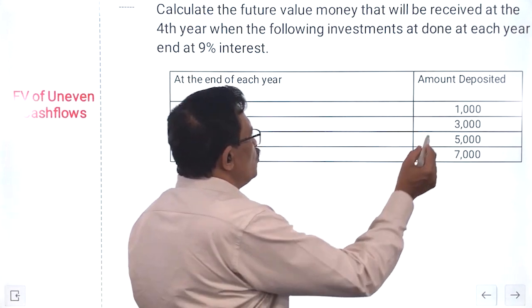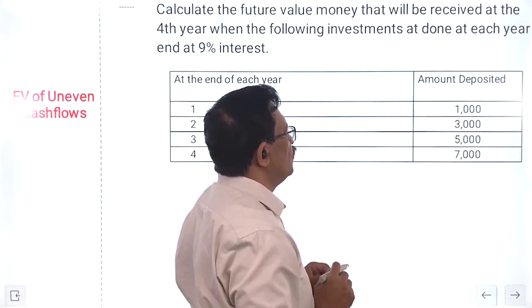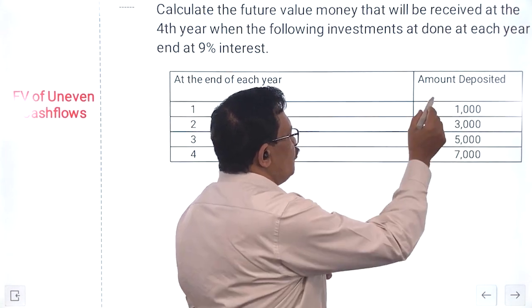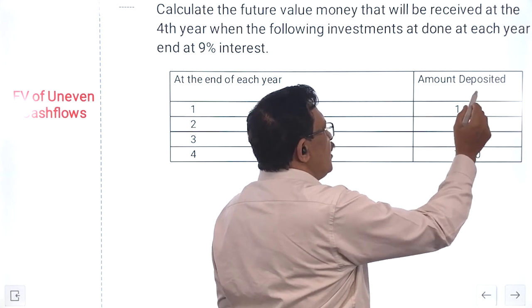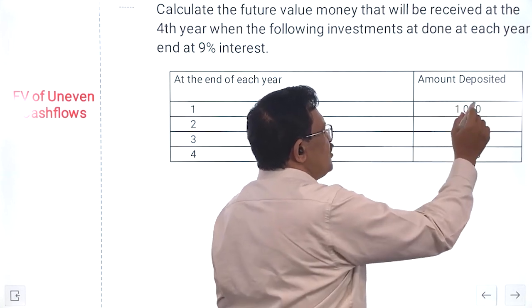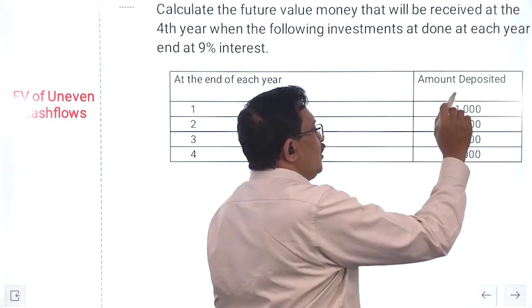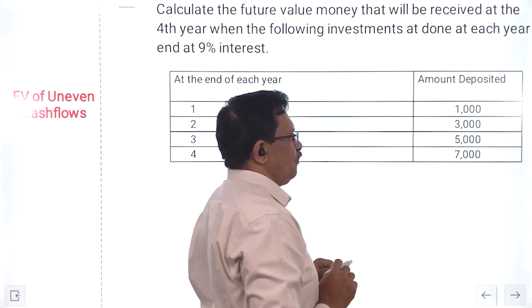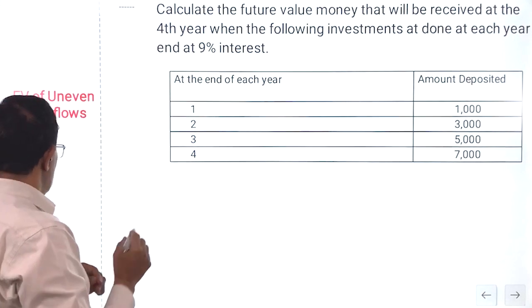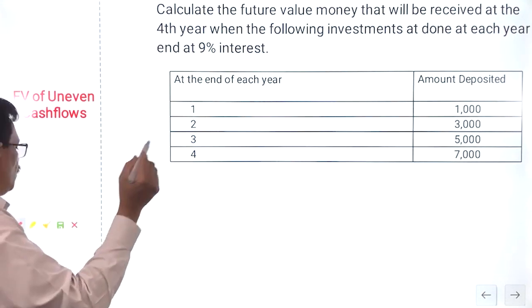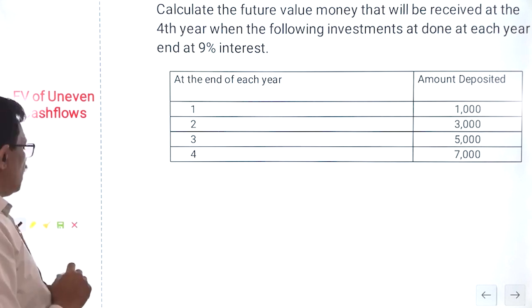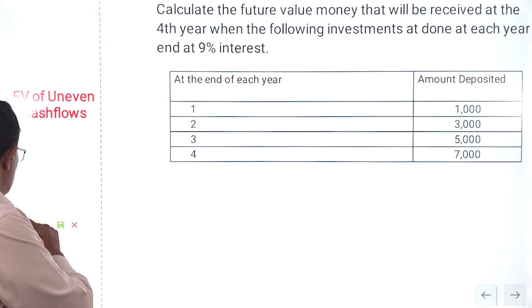Whenever different amounts are going to be given, we need to find out the maturity value of that individual amount or individual cash outflow value at the end of the maturity. So let us work this problem to make you understand how this can be solved.